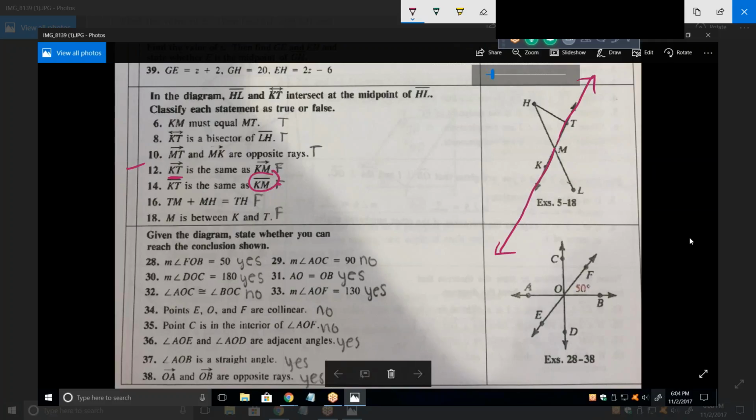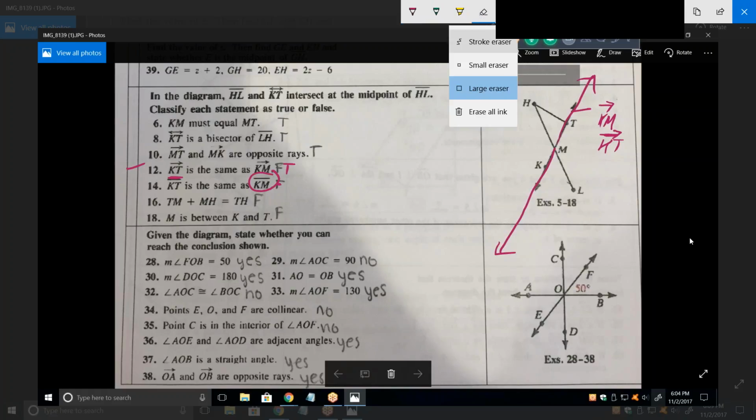So I could call that the ray KM. It's also the ray KT. In other words, the ray KT goes in both directions to infinity. So I would believe that the rays are the same. So to me, that one's true and this one is false.